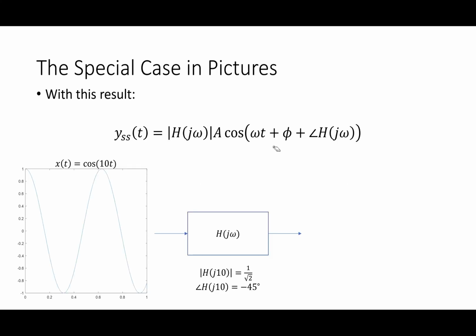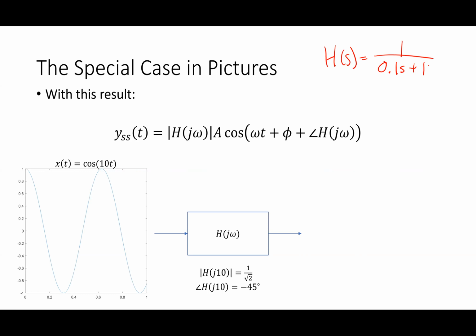So let's look at what this means. If I had in general an H of s, in this example, let's say H of s was equal to 0.1 s plus 1, like that.